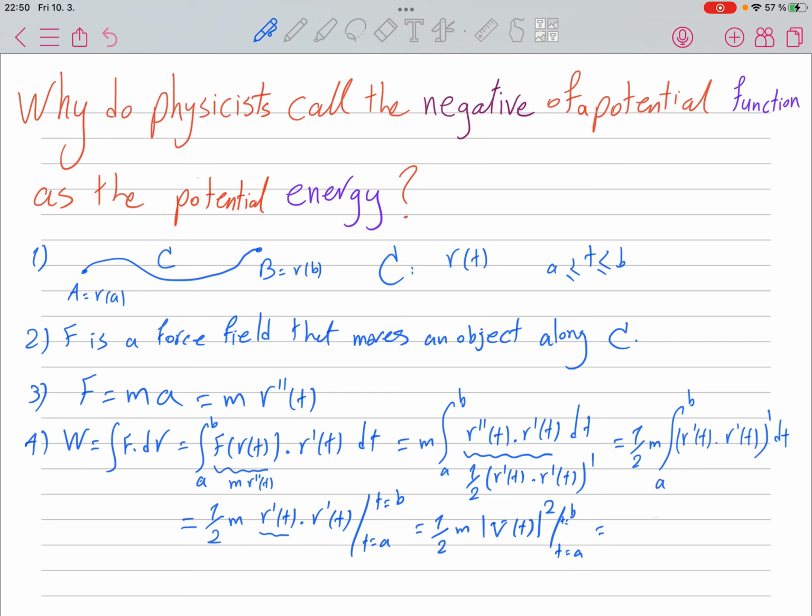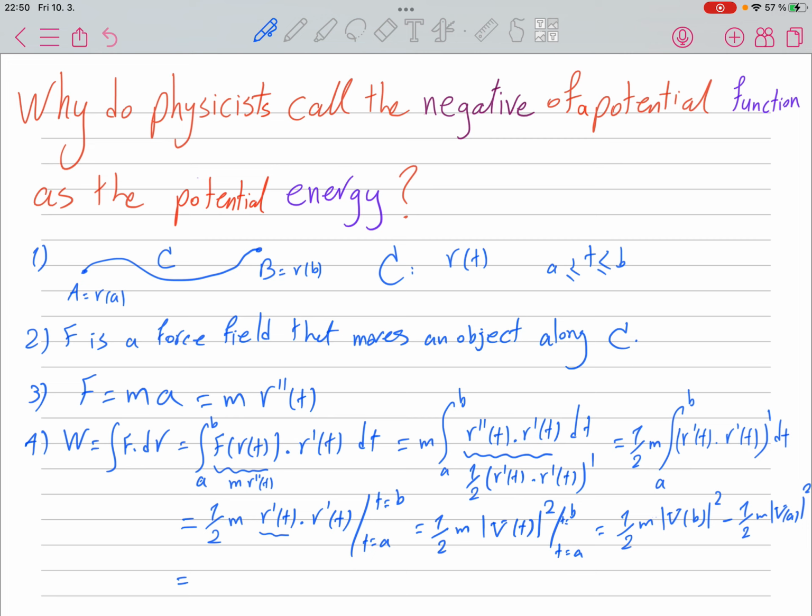And here, therefore, what you have is 1/2 m the length of the speed of the object at the point t equals b squared, minus 1/2 m the length of the speed of the object at the point t equals a squared.